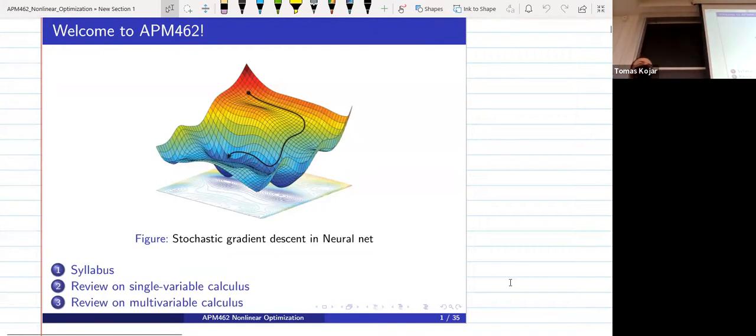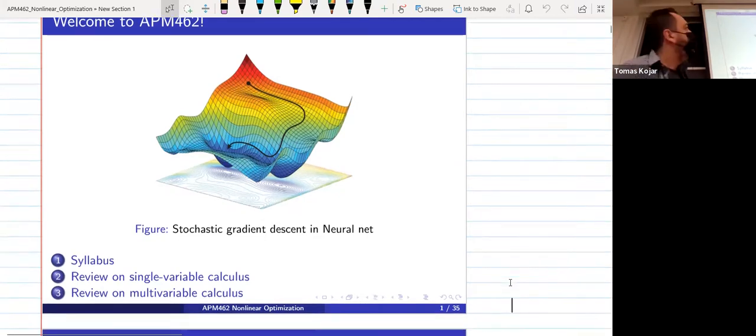Okay, so welcome to APM 462, nonlinear optimization. I wanted to start with a famous optimization problem, the stochastic gradient in neural nets.